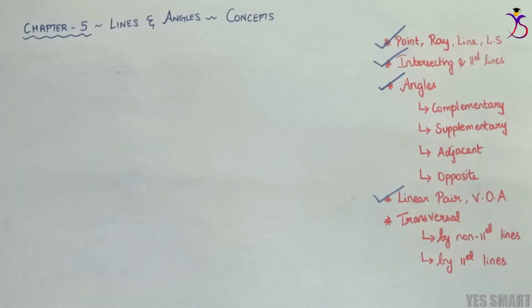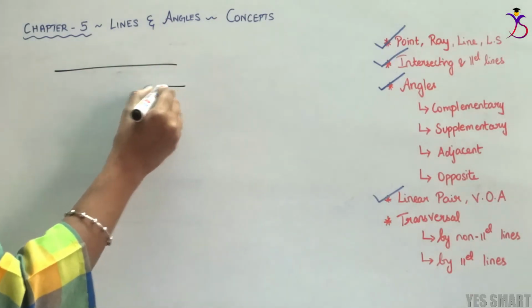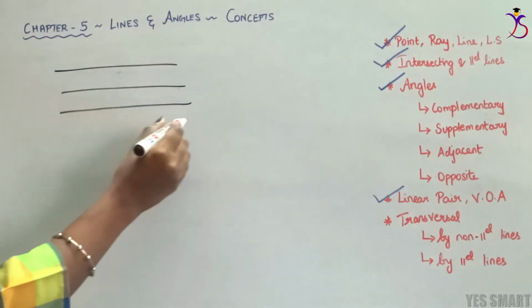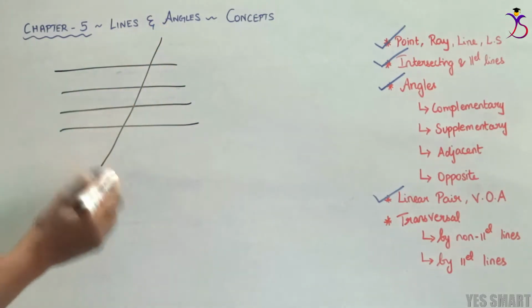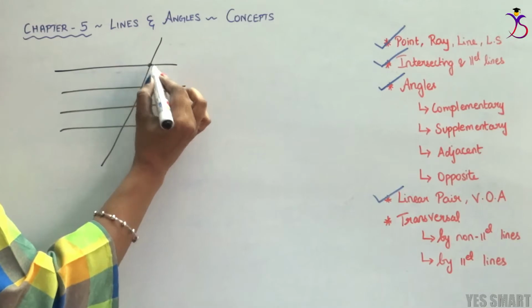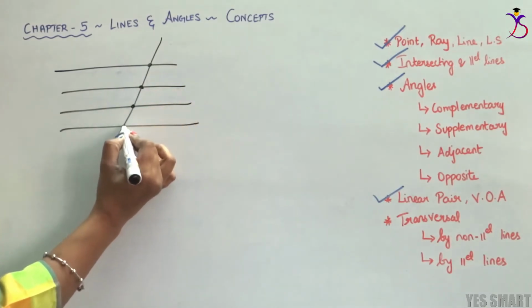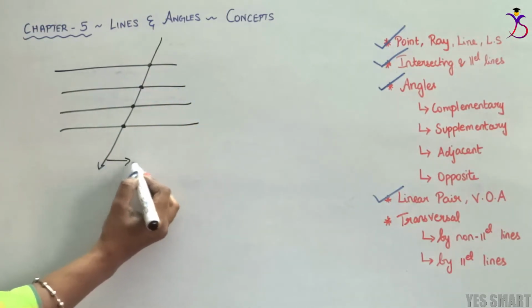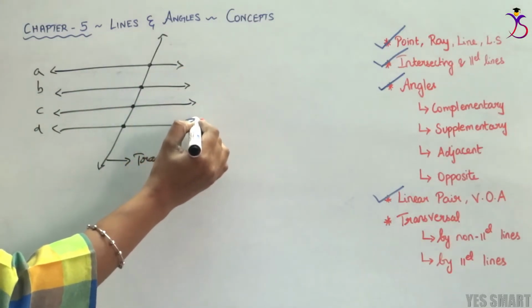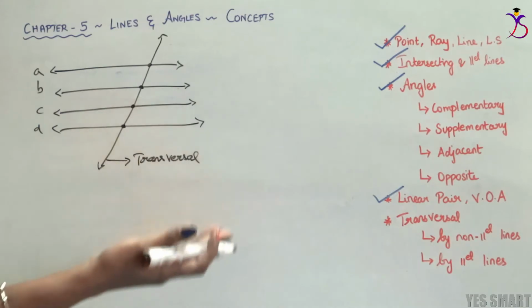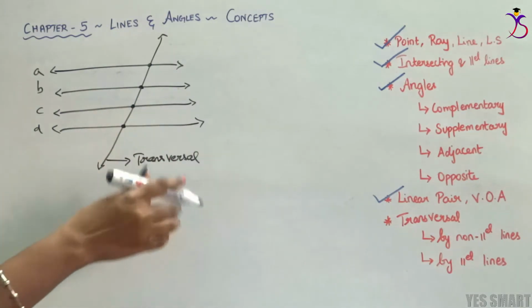Now the next concept, transversal, which is highly important. What is a transversal? When there is a series of lines and another line cuts all the series of lines at definite points, then that particular line is called a transversal. So here the lines A, B, C, D are cut by a line, which is called a transversal, at distinct points.